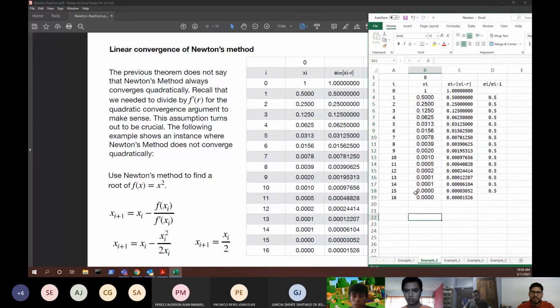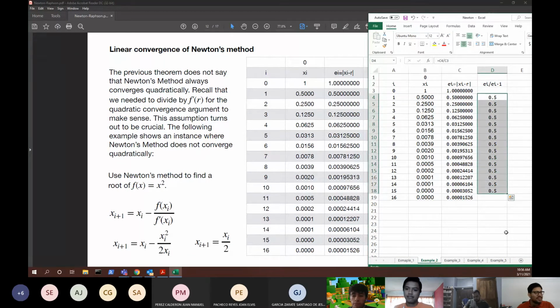So it took actually 16 iterations to obtain a decent value of the error. 16 iterations. And then, guys, ahora ustedes se acuerdan que había dicho, oye, pero profe, ¿por qué pone esta última columna? Ahora ya tiene sentido, ¿no?